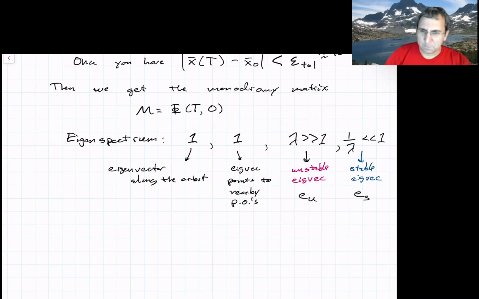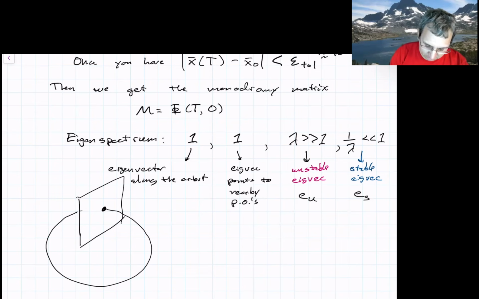If you want a picture of what's going on, I think a picture would be something like this. Think of it as we take a slice, or a Poincaré section, and this is showing the periodic orbit.